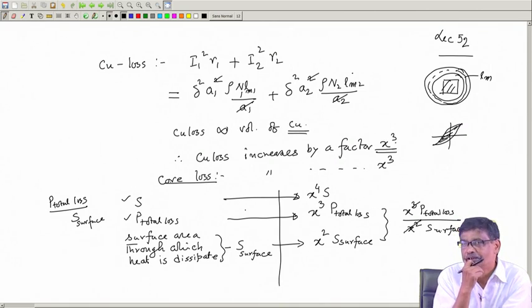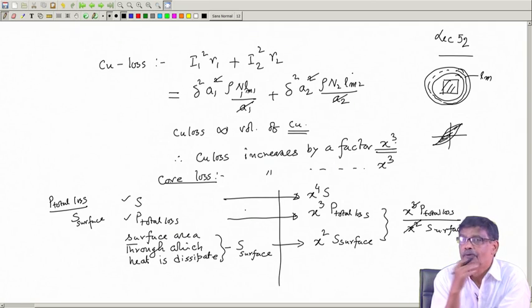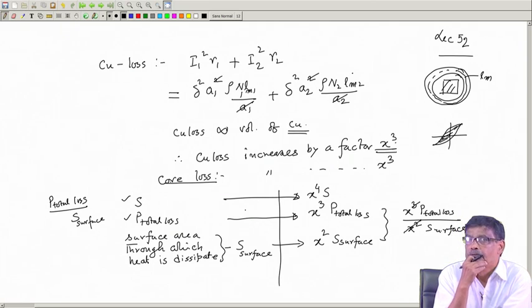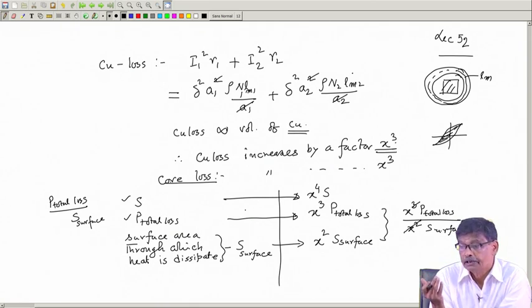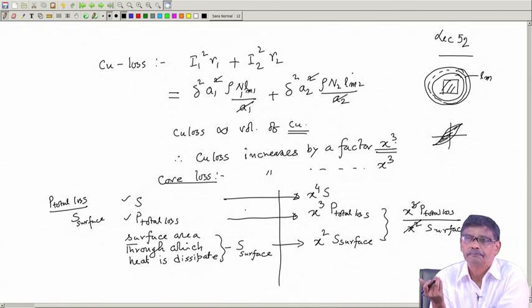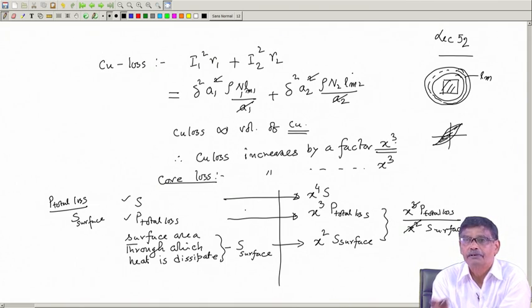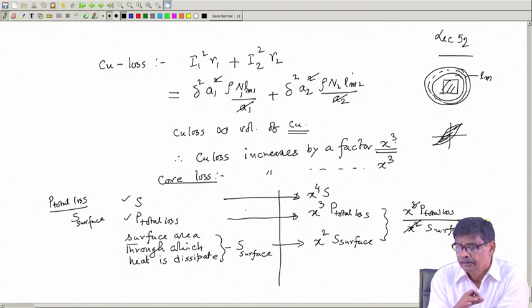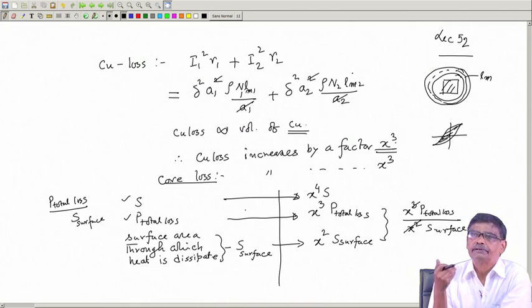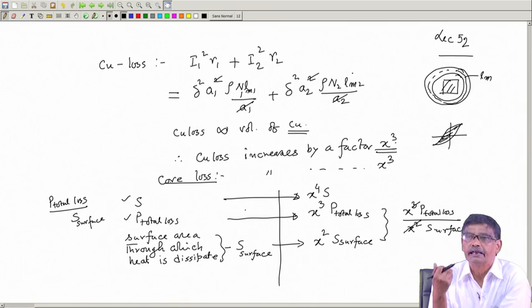Same materials you are using, therefore, extra cooling arrangement is now necessary, okay? To keep the temperature rise within the same limit compared to this transformer. So, this is why a transformer needs extra cooling arrangement for large transformers.